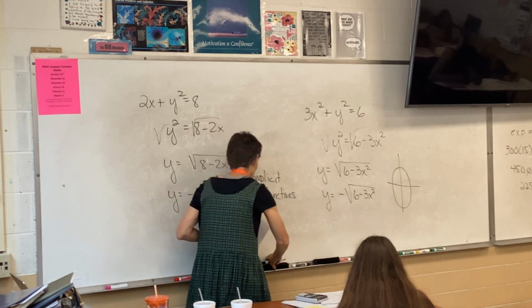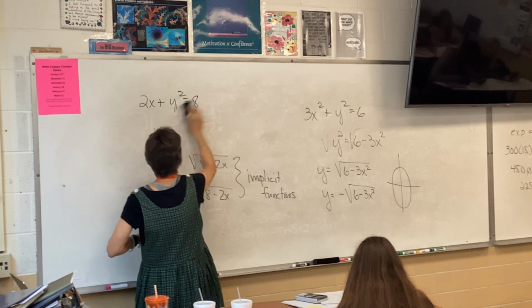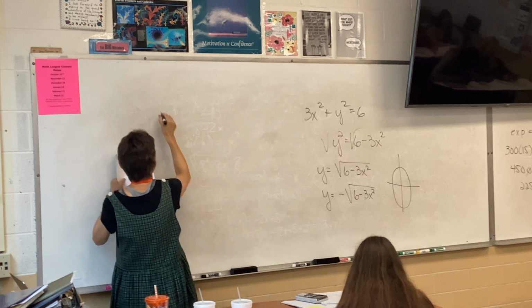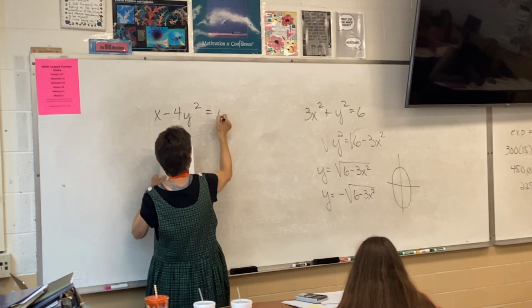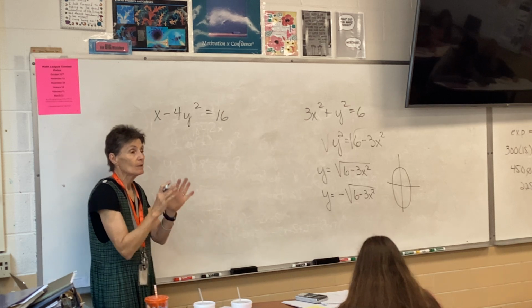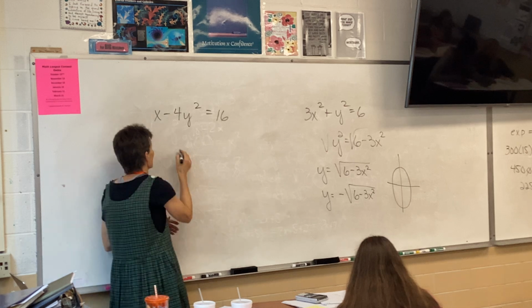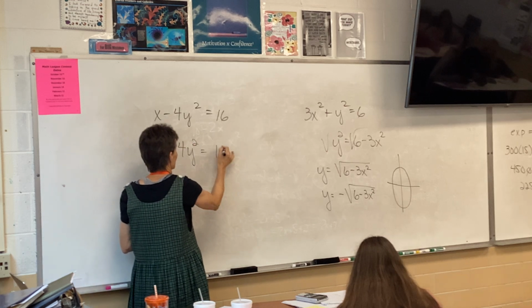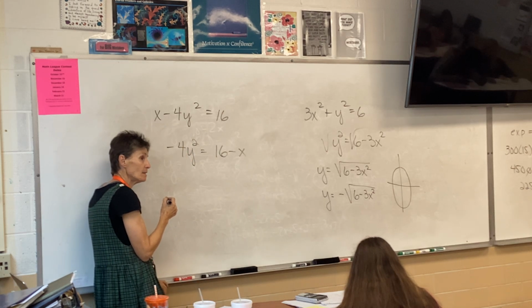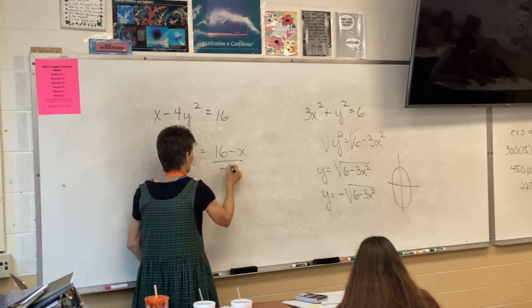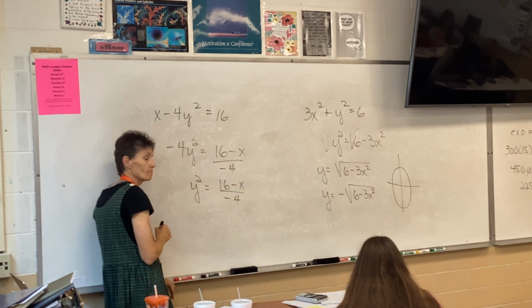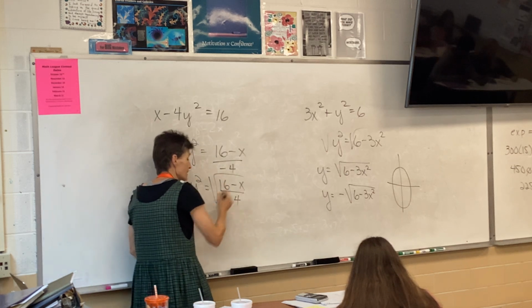All right, last one. Wonder what this is. This one's going to have a little more arithmetic. Don't freak out. We're going to get y by itself. So we're going to subtract x, and then divide by -4, and then take the square root.